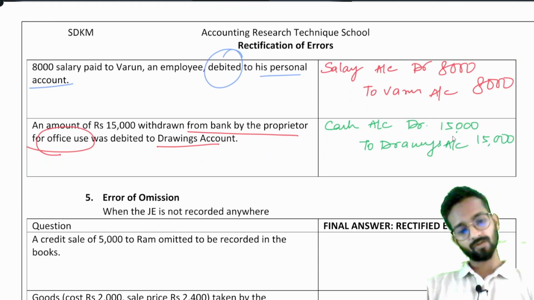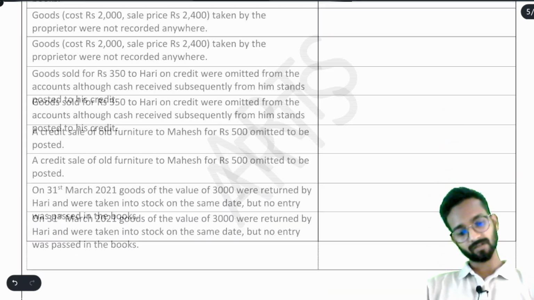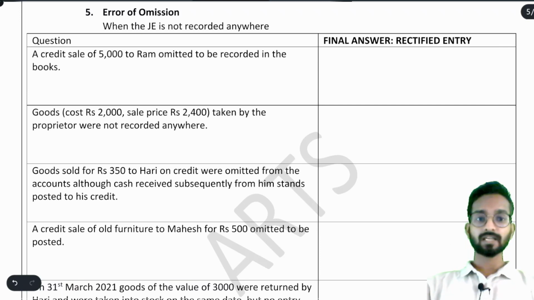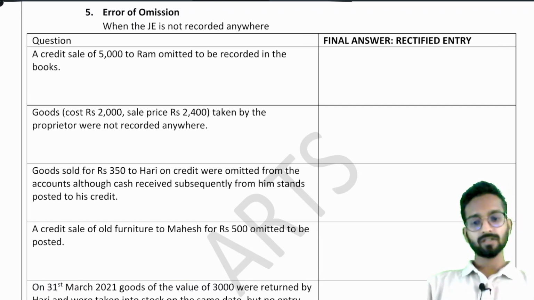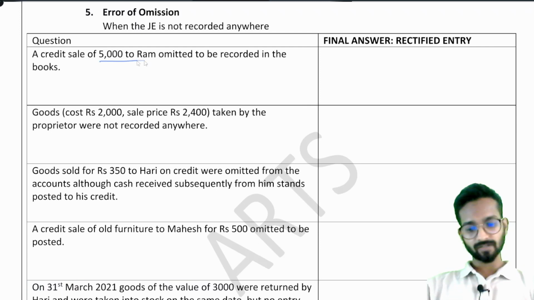Simple enough. Now the last set of capsules we have here is for error of omission. It is the easiest set. Why? Because in the error of omission, the journal entry has not been recorded at all. So you just have to pass the journal entry in this case. See, a credit sale of 5,000 to Ram omitted to be recorded in the books.